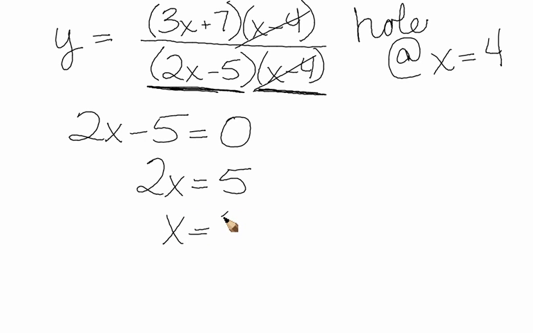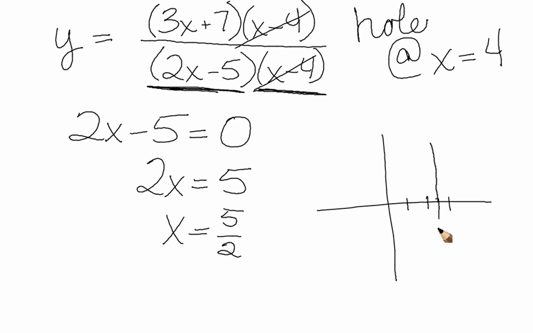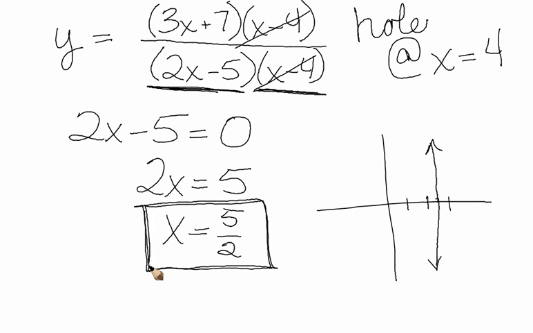X equals 5 halves. If we're graphing, go over to 5 halves: 1, 2, 3. So 5 halves would be about right here. This vertical line, x equals 5 halves, is a vertical asymptote.